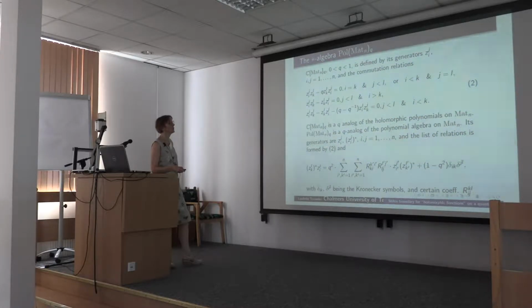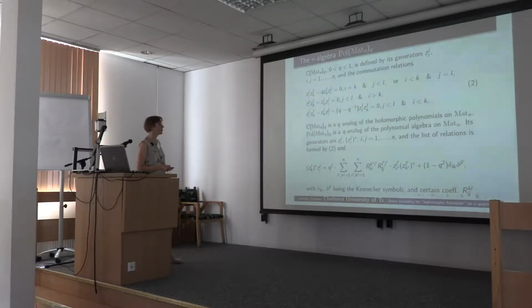Then the polynomial algebra will be the q-analog of the polynomial algebra on matrices, and so we need to add some non-holomorphic, or anti-holomorphic, part. So this will be an algebra with generators t_ij, which we have here, and we add t_ij star. So it will be a star algebra. These star generators will satisfy similar relations, but we have to take the involution over all these relations.